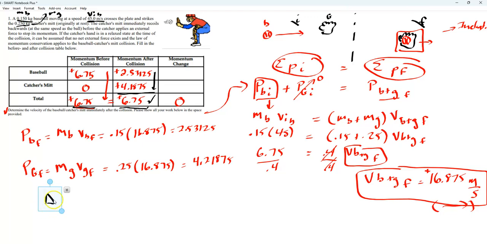To find the change in momentum, again, change in momentum is just equal to the final minus the initial. So if we wanted it for the ball, it'd be the final ball momentum minus the initial, so it'd be 2.53125 minus 6.75. Putting that in my calculator, 2.53125 minus 6.75 is negative 4.21875.